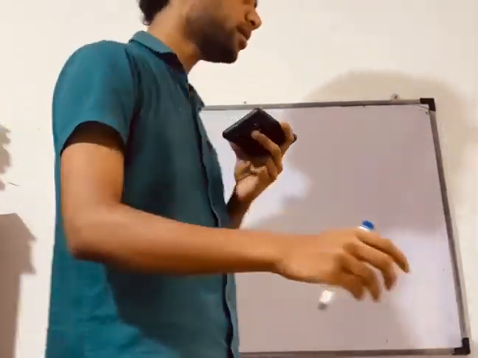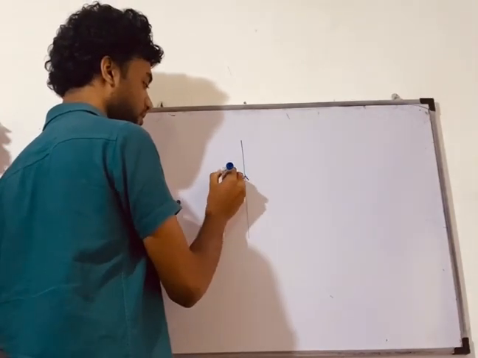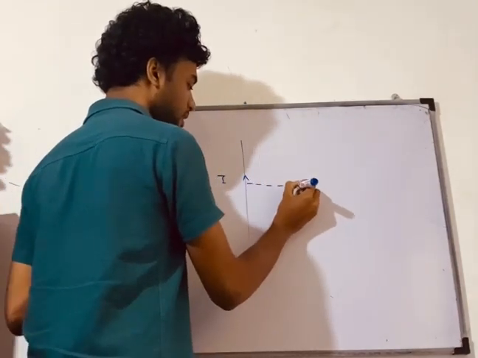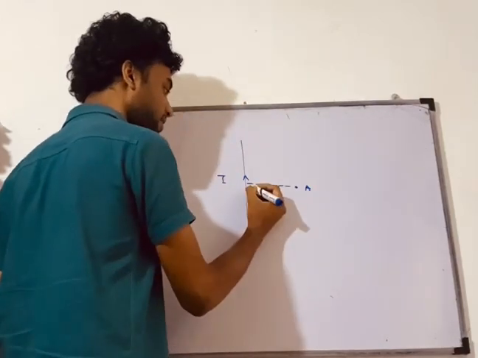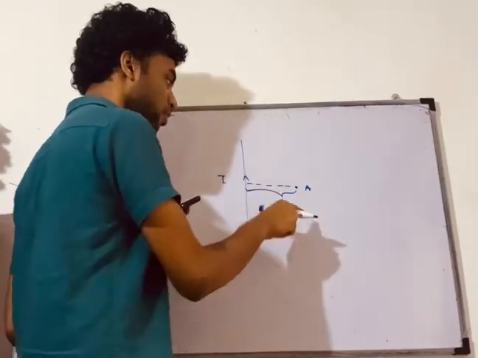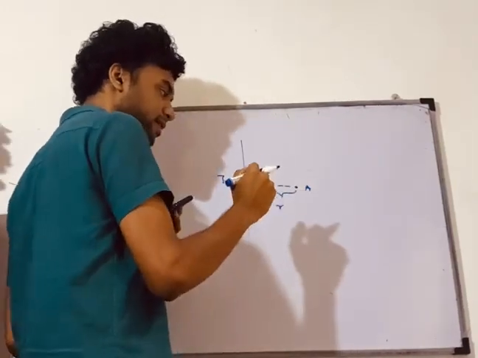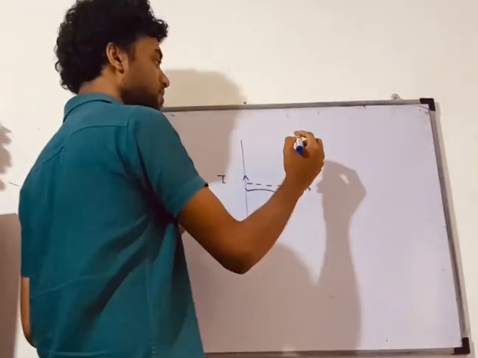Right, let's see. If I have a current carrying wire like this, carrying current I, and suppose I need to find the magnetic field intensity at a point A at a distance R. How can I do that? I have this equation.